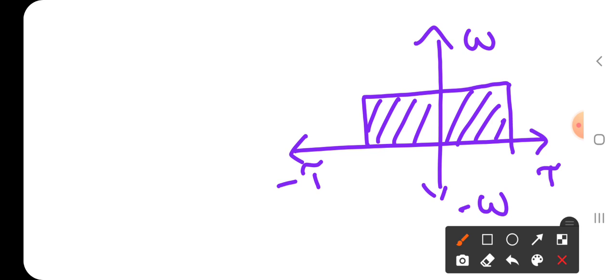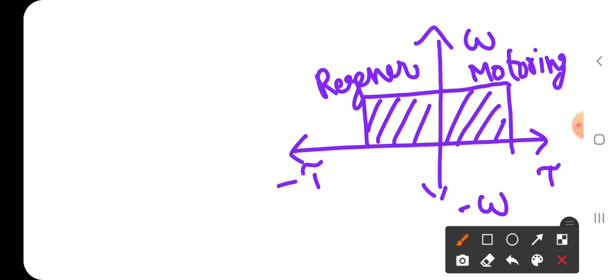That is why it is called a two quadrant chopper. In the first quadrant, it is used for motoring. Motoring in the sense which converts electrical energy to mechanical energy. In the second quadrant, it is regenerative braking.